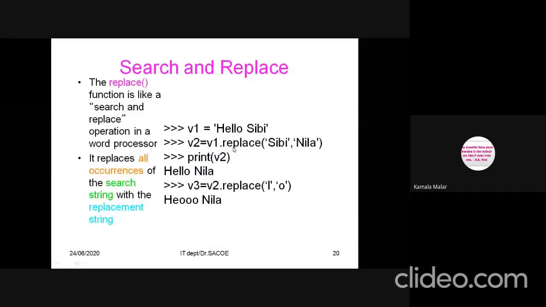So replace CB with Nila. Obviously the result will not be hello CB, it will be hello Nila. Not only a string, we can also replace a single character. If you want to change L with O, character replacement is also allowed in this method.